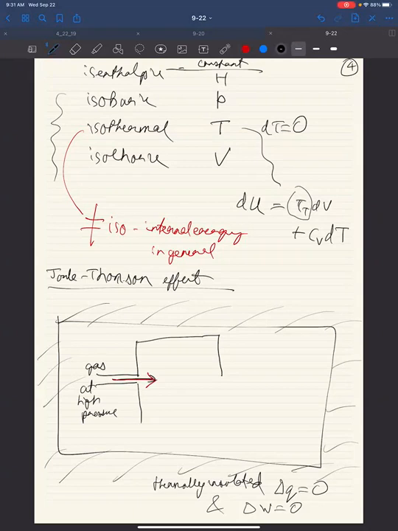And at this other end, you have a much bigger exit pathway for the gas. So what will happen to the pressure of the gas as it goes out through a bigger, broader pathway?